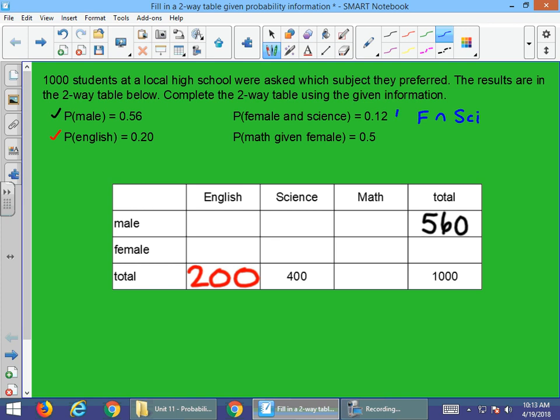So if I want to find the number that are female and in science, and I divide by the number in the total, this thing has to equal 0.12. So the number in female in science, I don't know, I'll call it X, divided by the total number of people, which is 1,000.